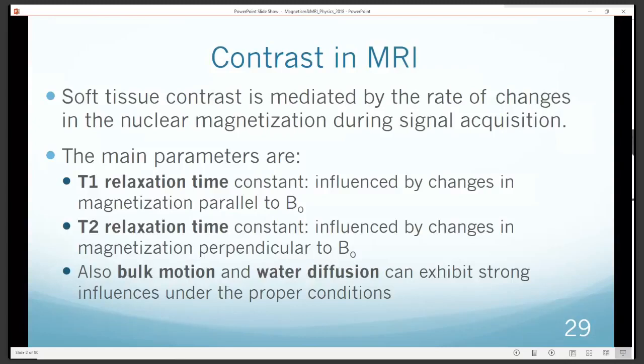Fundamentally, contrast is modulated by the number of protons in a given tissue, the proton density, we call that.